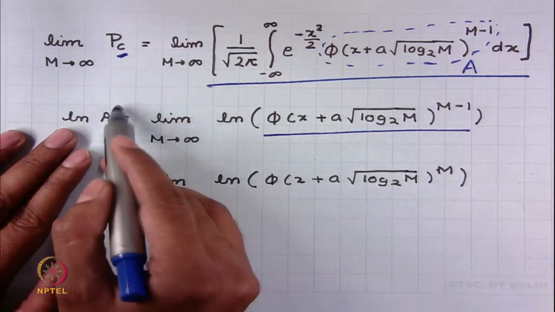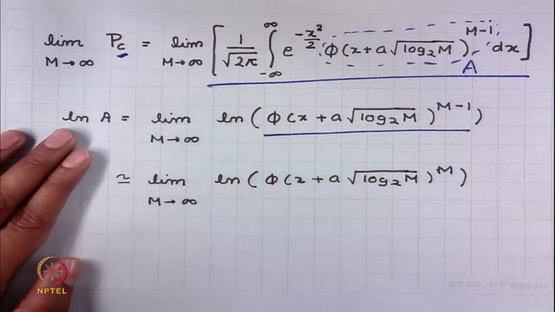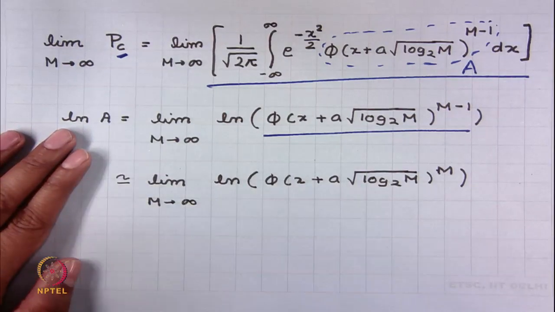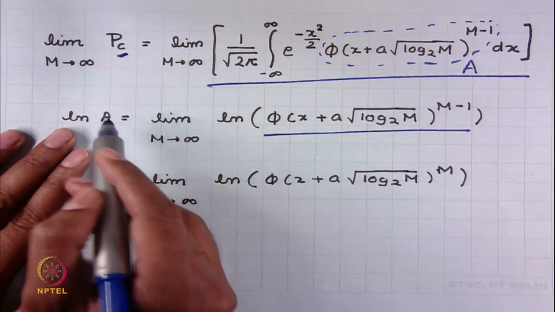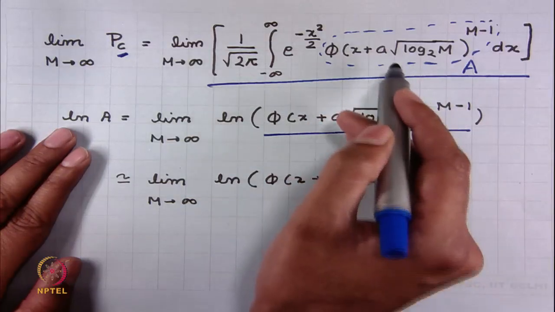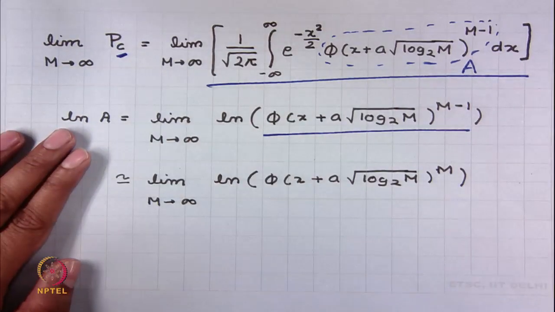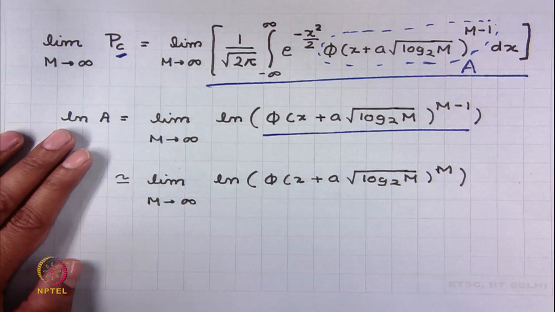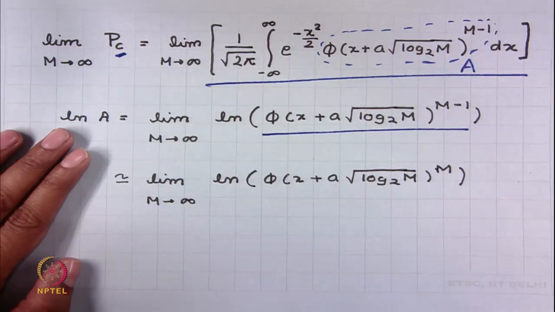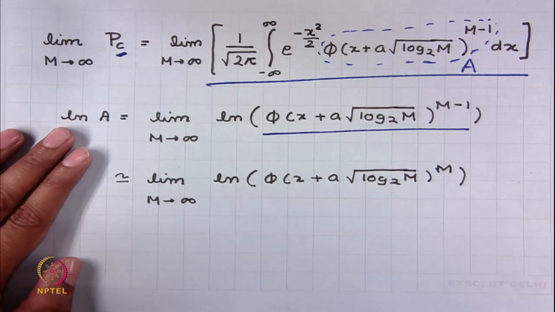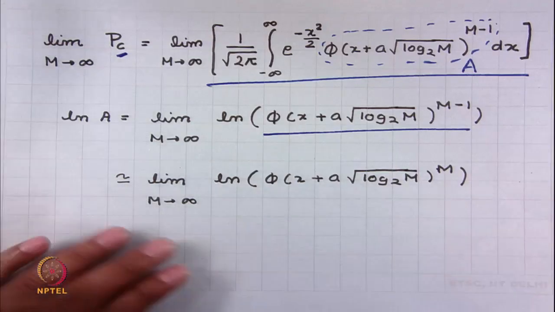We will first try to see how this a behaves when m approaches infinity, and then we will plug in this value of a in this expression, and see how the probability of being correct behaves with m tending to infinity. That is the goal of this exercise.